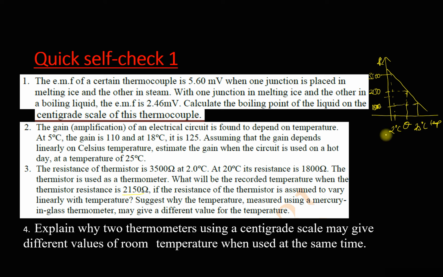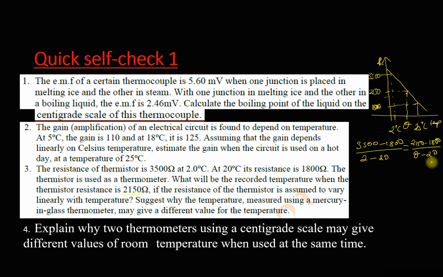So using a gradient, again it is a straight line, if I start with 3500 minus 1800 divided by the temperature, I started with 3500, so this is 2 minus 20. This should be equal to, again starting with 2150 minus 1800. The corresponding temperatures for 2150 is theta, and for 1800 is 20.